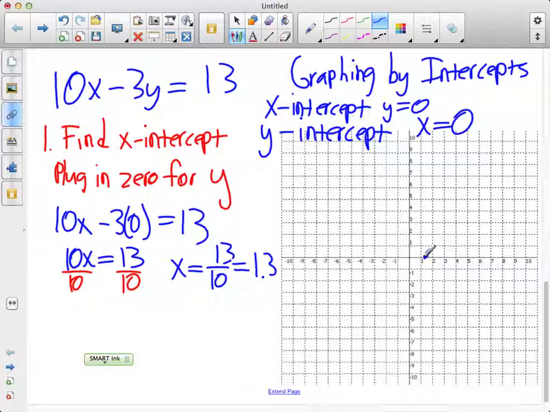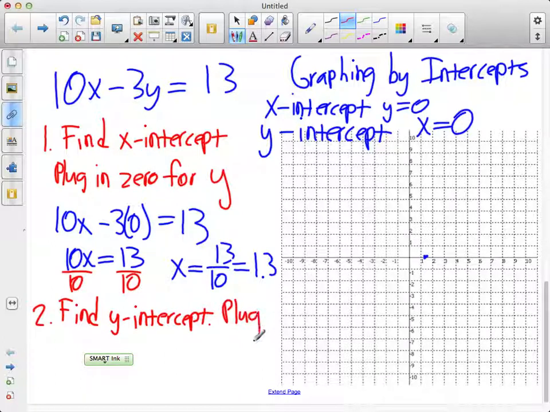Now I'm going to do almost the same thing to find the y-intercept. I'm going to plug in 0 for x.